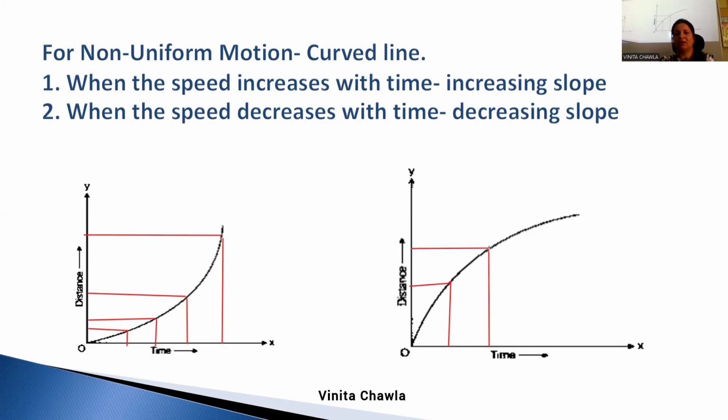Let's choose one more. This is for time and this is for distance. One more. Now look at these two graphs. What difference do you see between these lines?